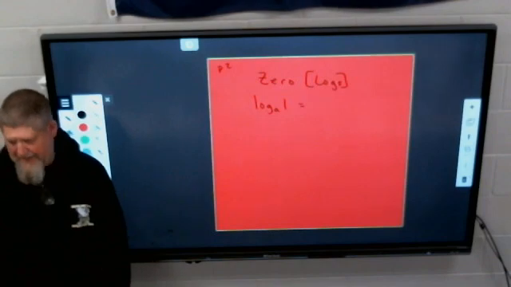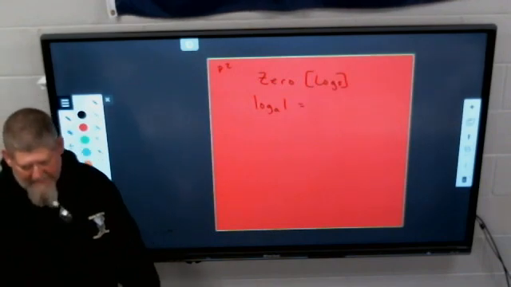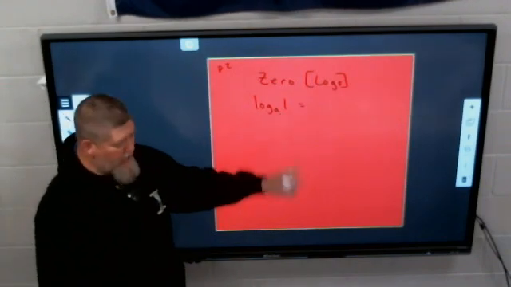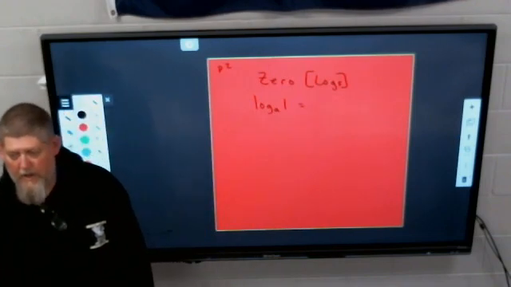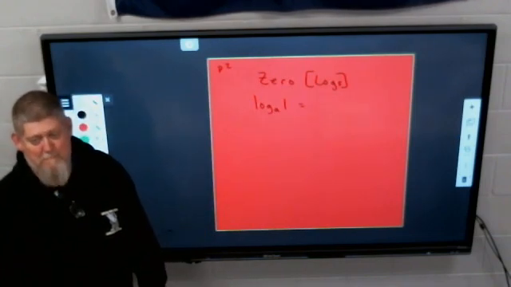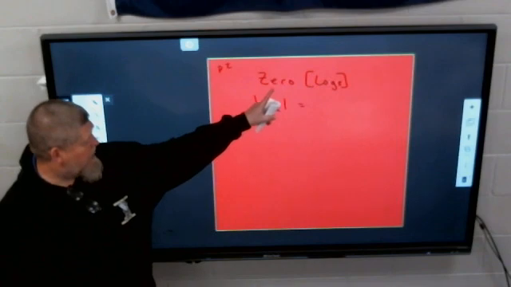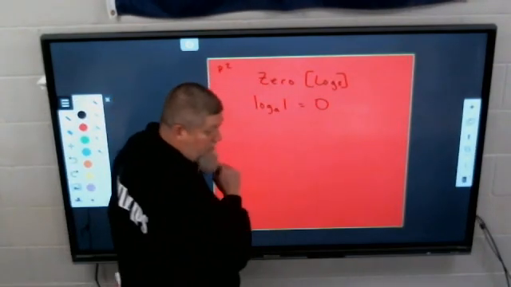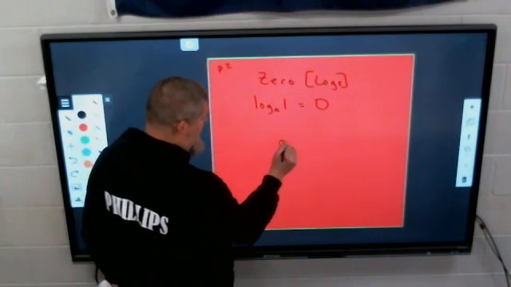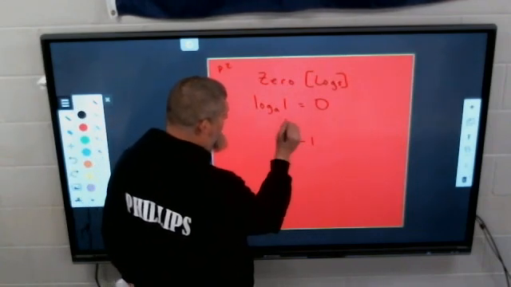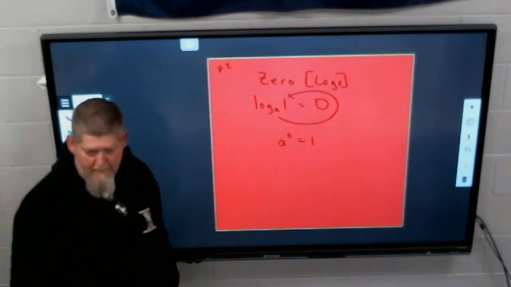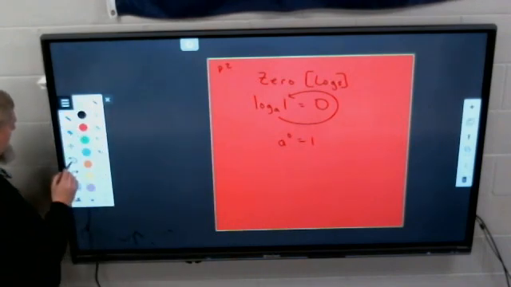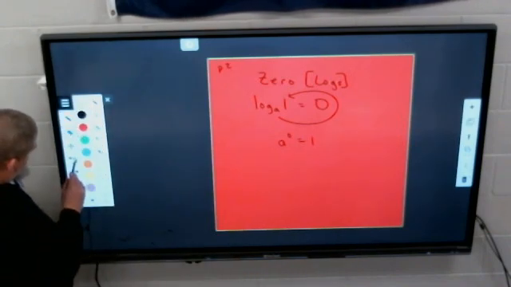A could be 5, it could be 1,000,000. If this is a 1, what's the answer? It's called the zero rule for a reason. Zero. Because think about it, if I swoop it, it's A to the 0 power equals 1. Make that connection.